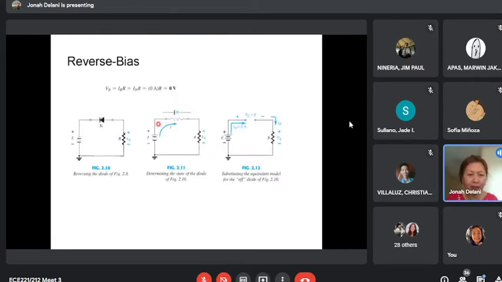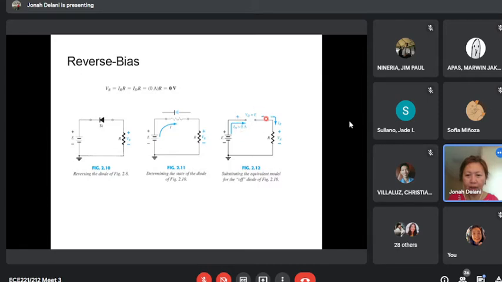If we reverse bias our diode, where the cathode is connected to a positive potential, the diode acts like an open switch. There is no connection at all.